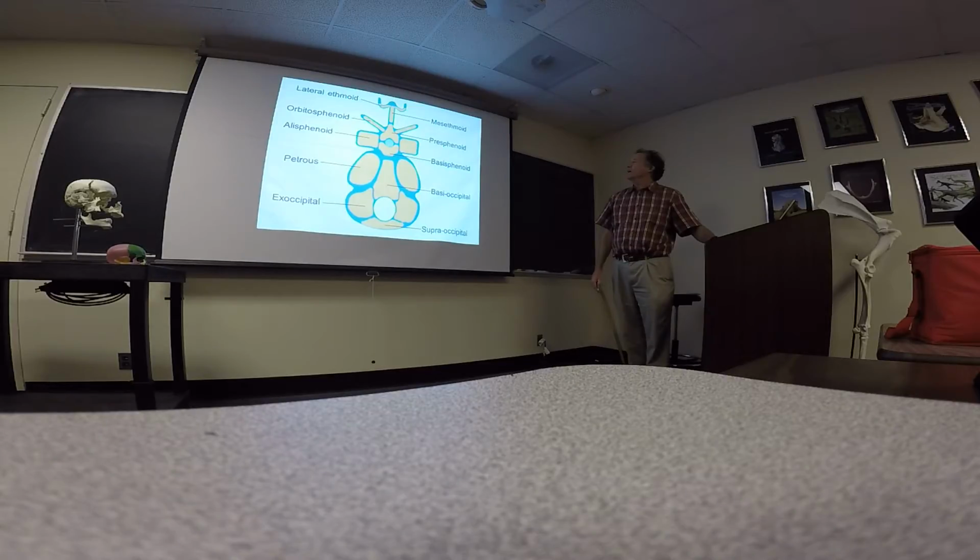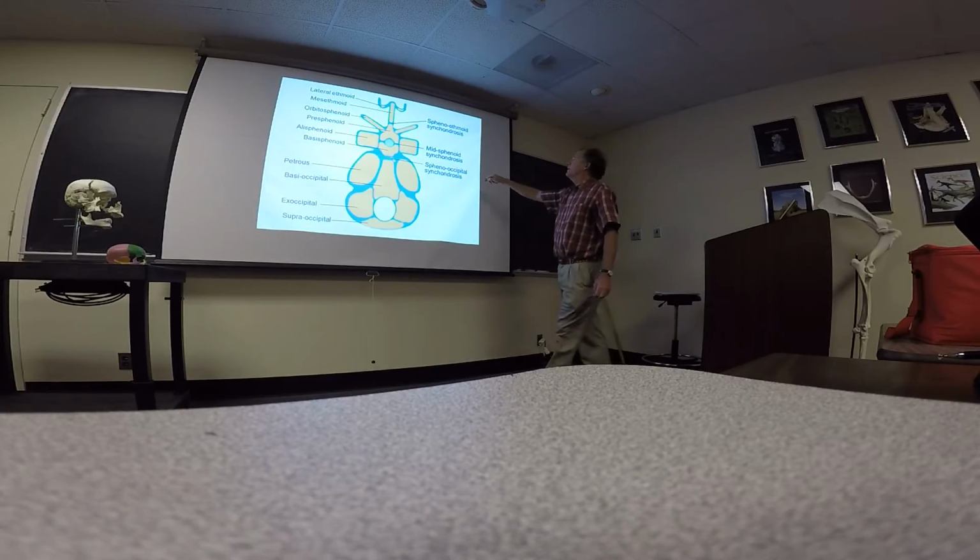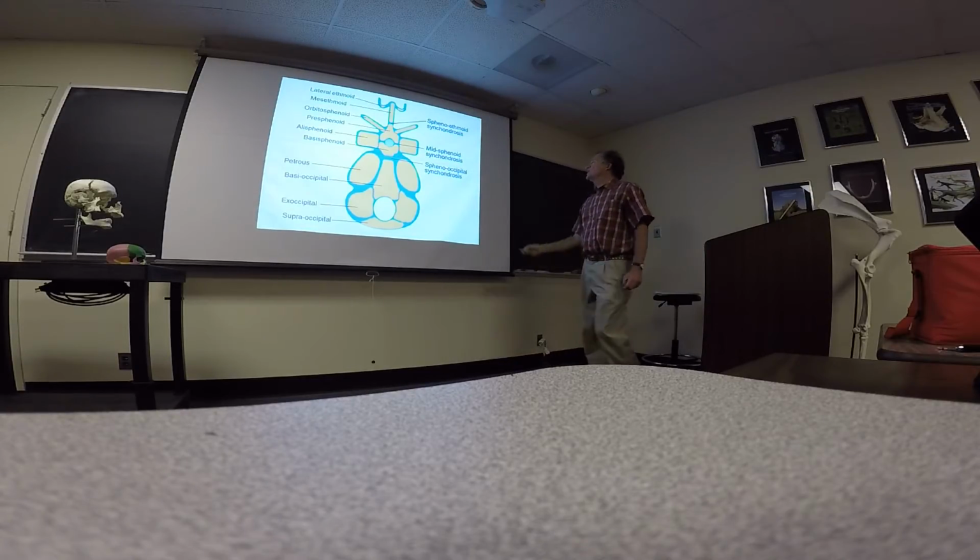There they are in yet another view. And as they get bigger and bigger, the bones sort of take their own shape, and many of these fuse together so that you don't see little dots. Your skull isn't made up of little dots, it's made up of more complex structured bones that started out from little cartilaginous centers that gradually grew and ossified. Okay? And where these bits have come together, they are referred to as synchondrosis.